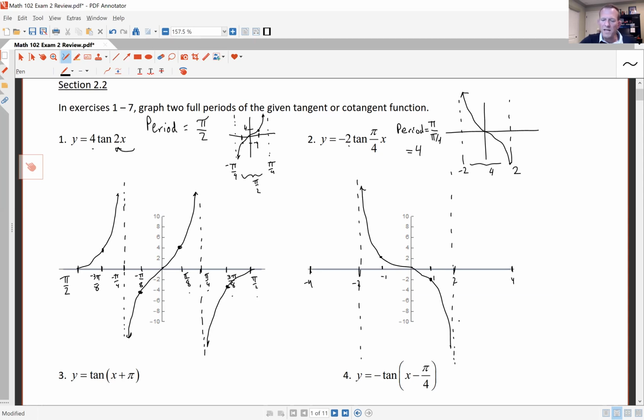So there's one cycle of the tangent function, and then we're going to draw the other periods. So in this region here, we're graphing this half of it. So halfway between it is at 2.